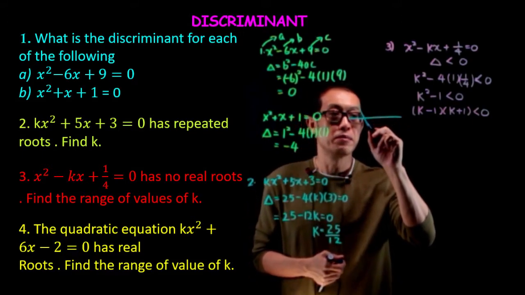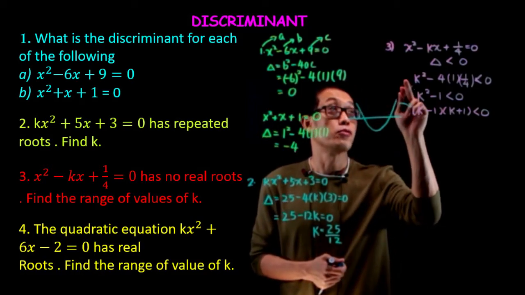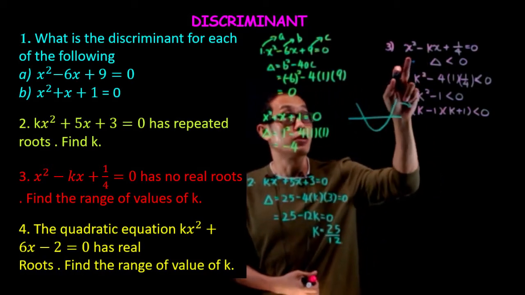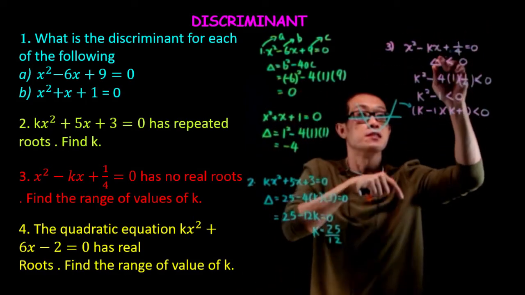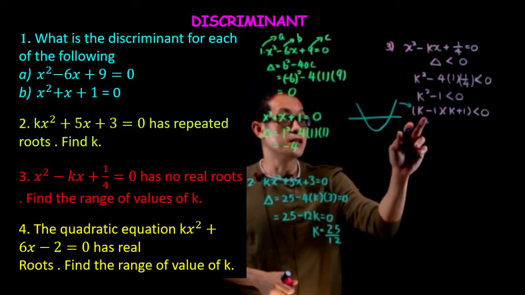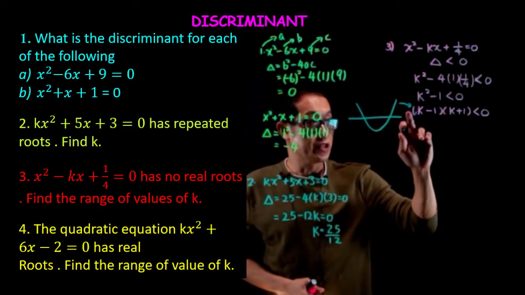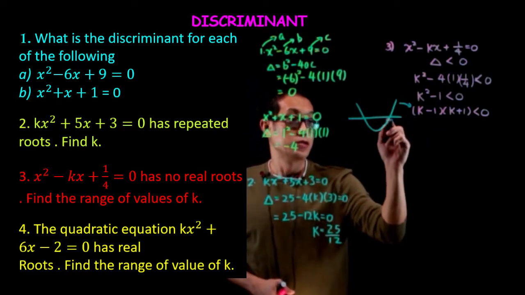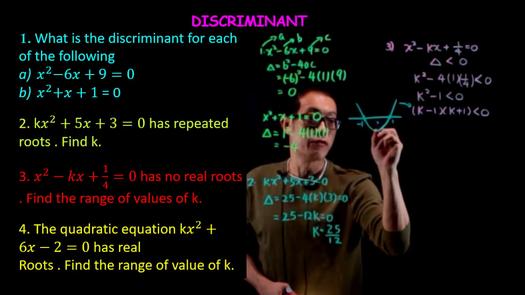This is a minimum graph. This is for this inequality. This graph does not represent this expression. It is different. This represents the graph of the discriminant. So you have 1 here and negative 1 over here.